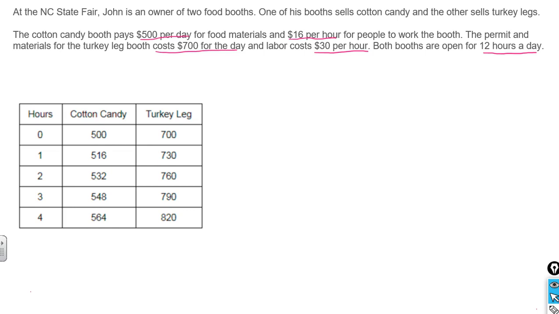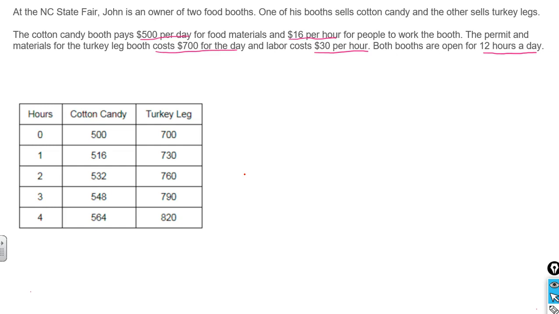If no hours, the starting cost before they even open up the booth and hire people to work the booth for the cotton candy booth is going to cost $500. That's just a flat rate there. The turkey leg booth is going to cost $700 before they even open. And then at 1 hour of labor, it would cost John $516 to operate the cotton candy booth and $730 to operate the turkey leg booth, and so on.